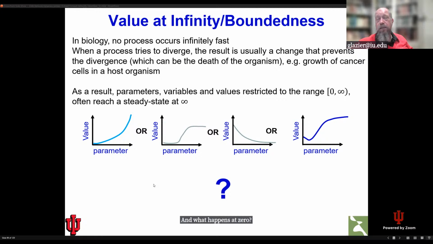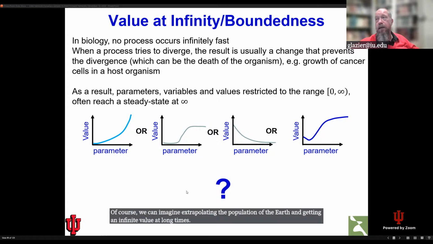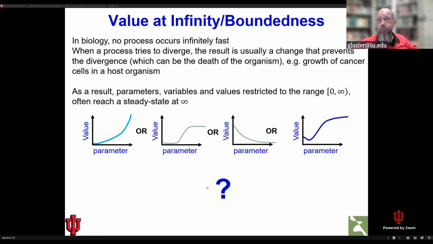So in general, if we're looking, for example, at time behavior, of course, we can imagine extrapolating the population of the Earth and getting an infinite value at long times. But values which have to stay positive as we go to infinity either have to go to a finite value or they have to go to infinity.